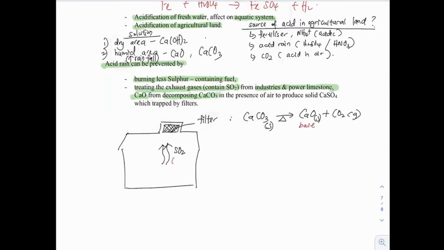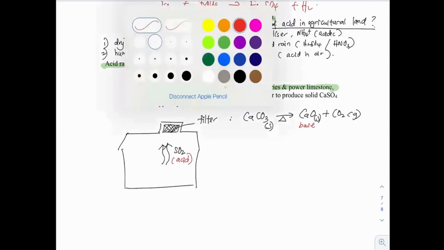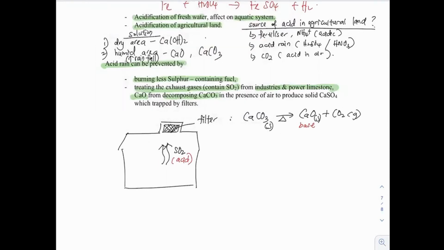And SO2 is an acid, so both can react together. When the SO2 reaches the calcium oxide over there, they will react. Calcium oxide will react with SO2 gas to form calcium sulfite, not sulfate, okay? Calcium sulfite is a solid.